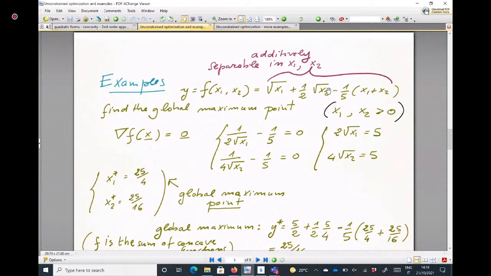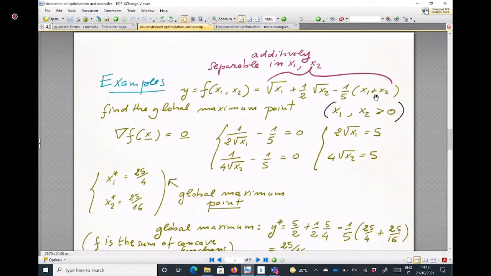The sum of the square root term plus the linear term is concave. So we have a concave function of x1 plus a concave function of x2, which means the sum of two concave functions of both x1 and x2. Almost all the properties listed above are here, okay? A concave function of one variable can be considered also a concave function of two variables.